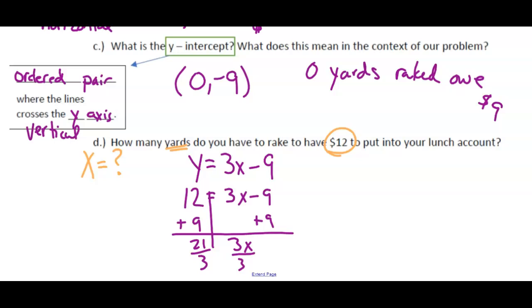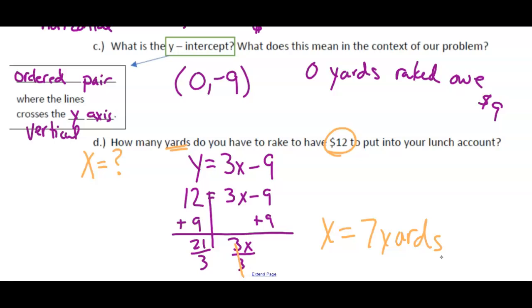Okay, you should have got x equals 7 yards. You have to rake 7 yards for you to have enough money to put $12 in your lunch account.